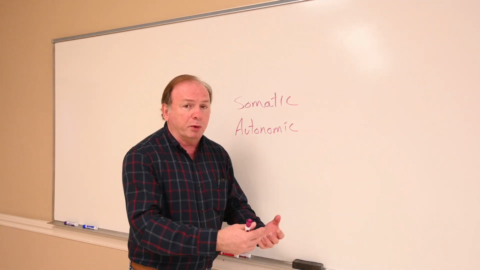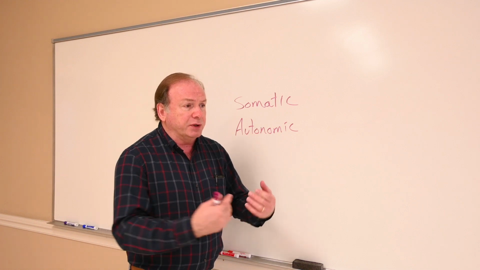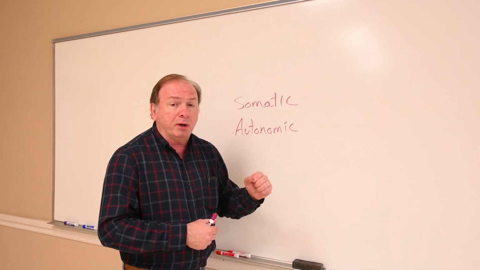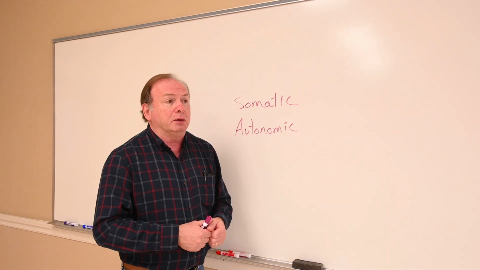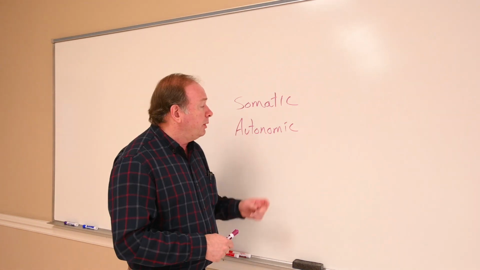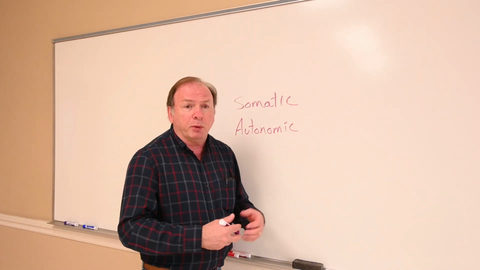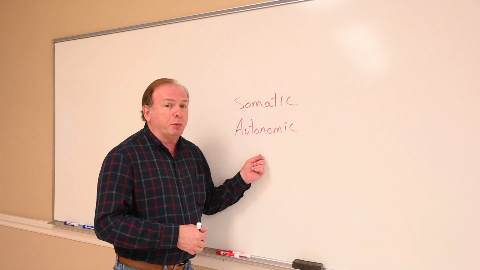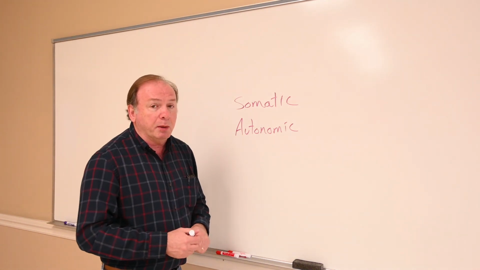You also have a motor portion to that which sends the signals out to control all sorts of things like the diameter of your blood vessels. Your pupil diameter is something very obvious that operates at an autonomic level. But anyway, there are many different responses in your body that operate at the subconscious level that are considered autonomic.